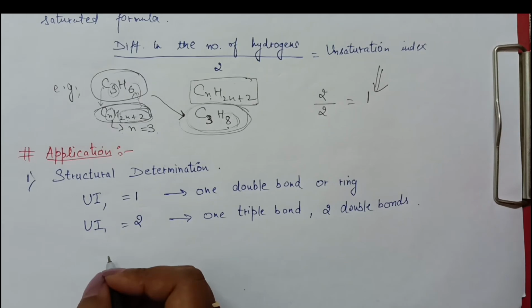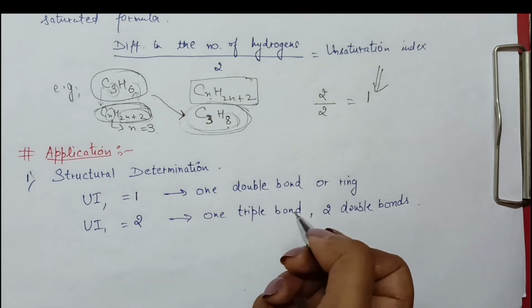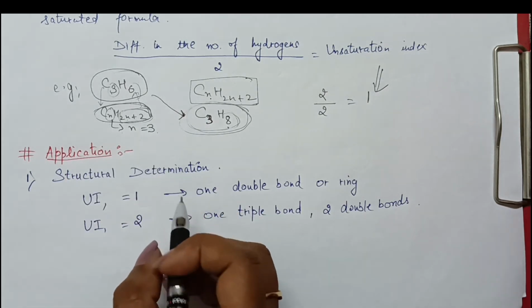Now, knowing the index of hydrogen deficiency of any given substance, the chemist can proceed to appropriate regions of spectra, so he can confirm the presence or absence of any ring or any type of pi bond. So this is the major application of unsaturation index.